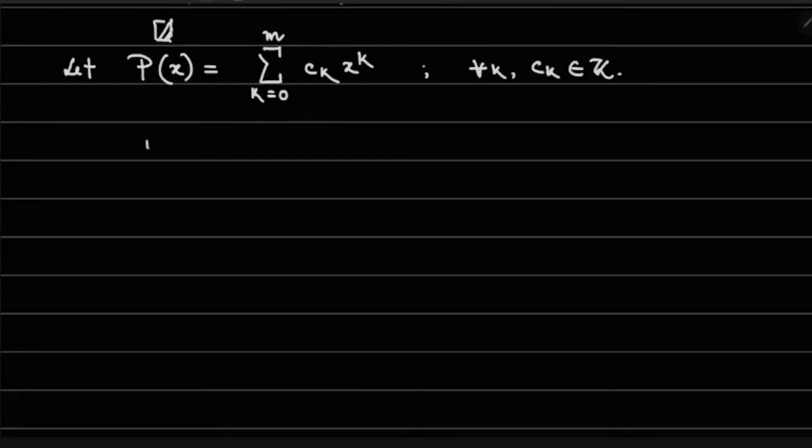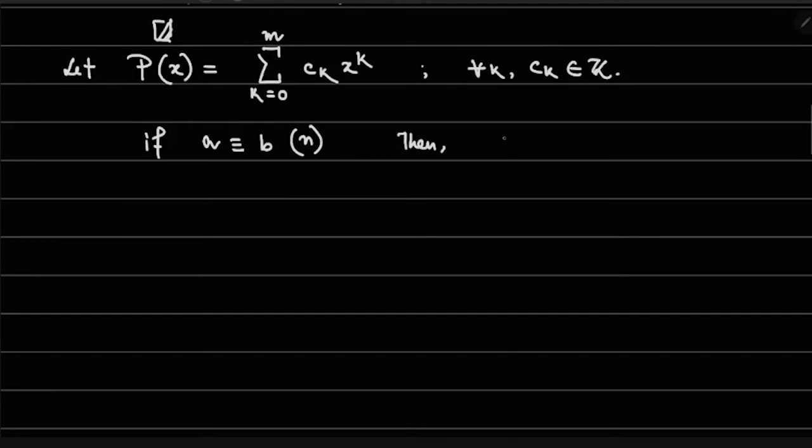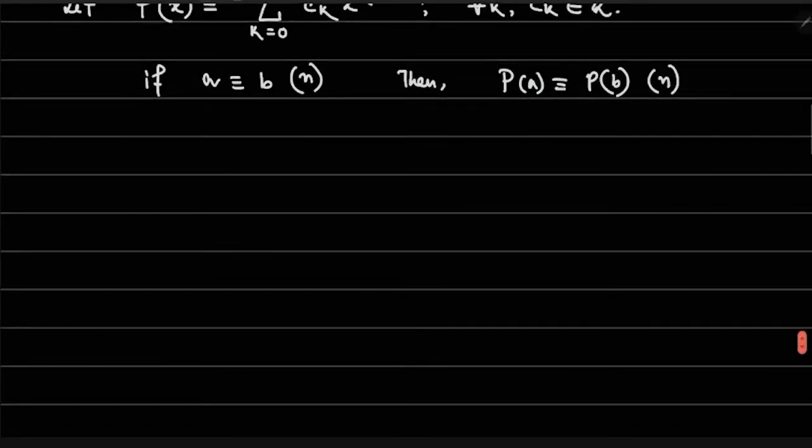If a is congruent to b mod n, then P(a) is congruent to P(b) mod n. Why will this happen? Think closely.